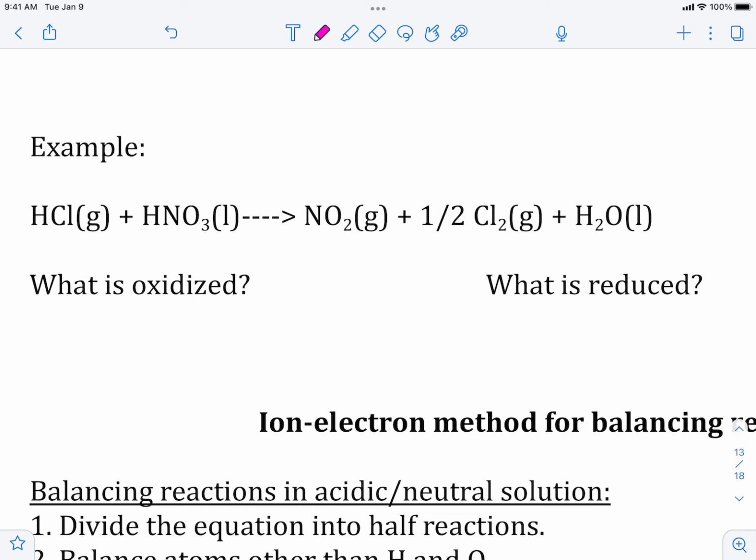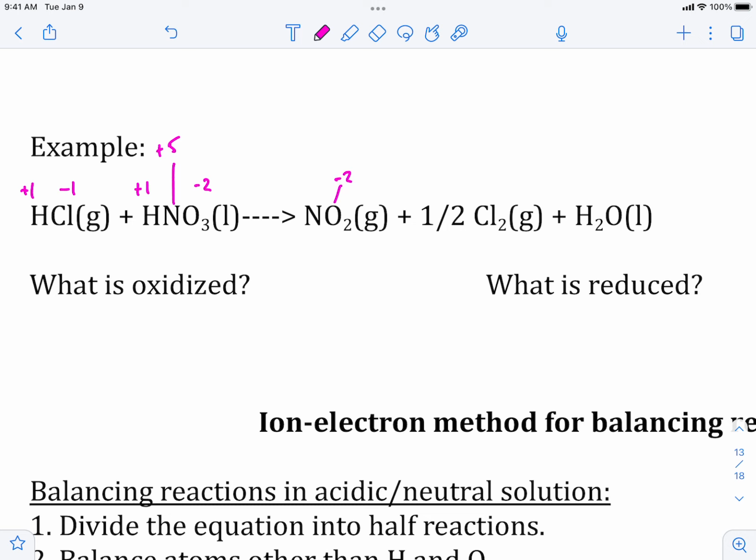All right, so let's start by assigning oxidation numbers. We're going to go from left to right. What's hydrogen? +1. So that would make chlorine -1. Okay. Hydrogen again, +1. Oxygen, -2. So what would nitrogen be here then? 5. Okay. All right. Products.